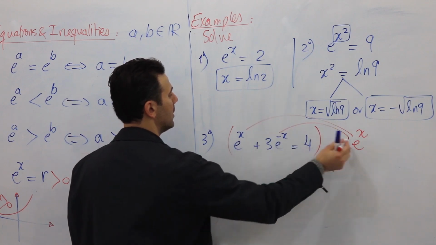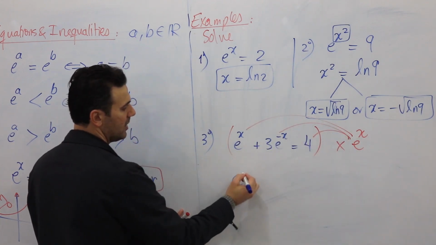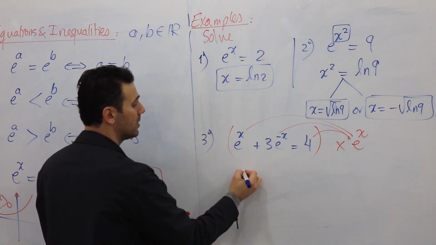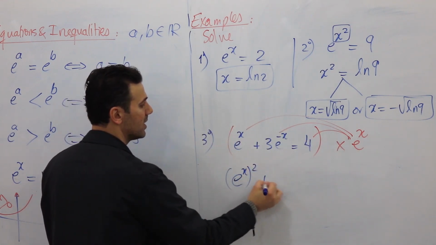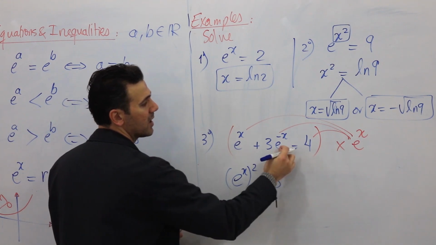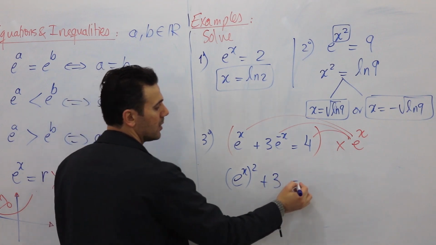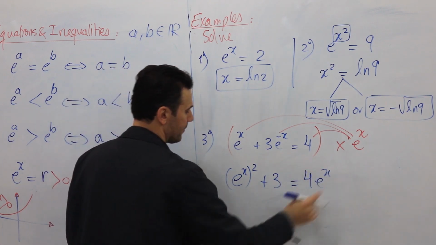Here, and there. To get e^x times e^x, as we said before, it will be (e^x) squared, plus 3 e^(-x) times e^x, it will be e power 0, which is 1, equal 4e^x.